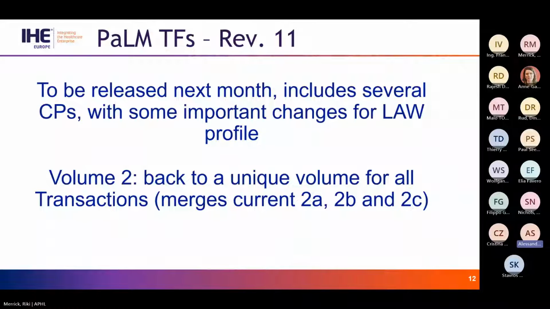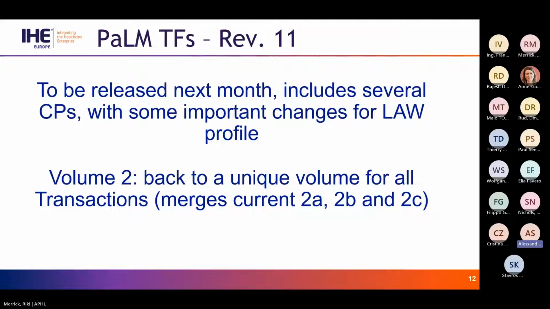Another important change for this revision is that for the volume 2, the one that involves all the transactions related to all the profiles have been merged and collected back in a unique volume. So you will find in the revision 11 a unique volume 2 listing all the transactions for all profiles.